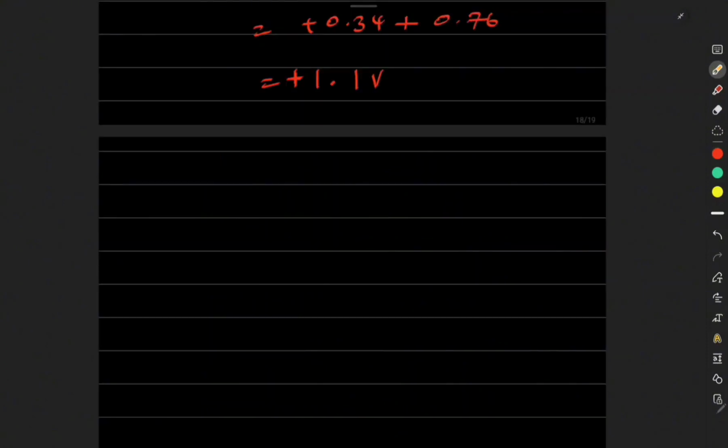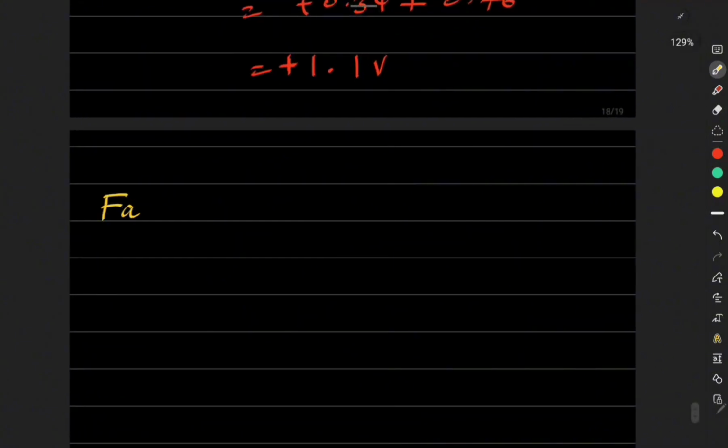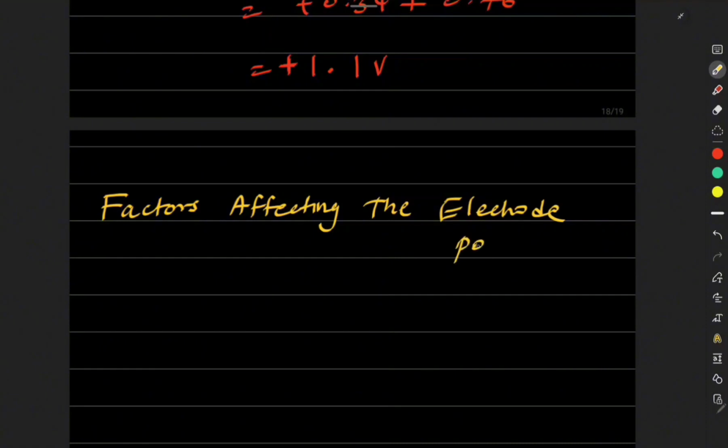Now let's discuss factors affecting the electrode potential. There are 5 factors that affect the electrode potential.